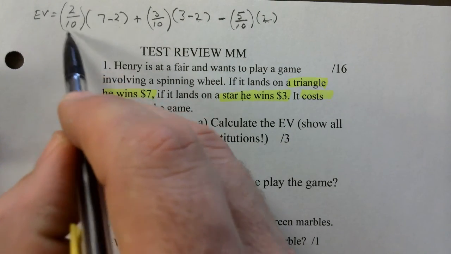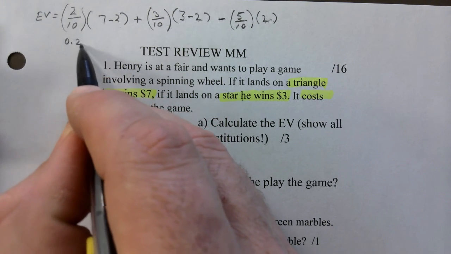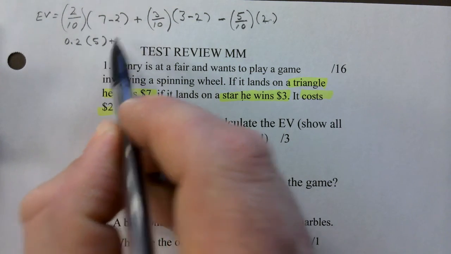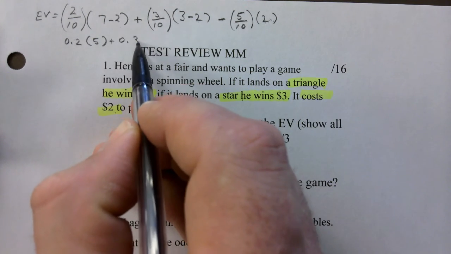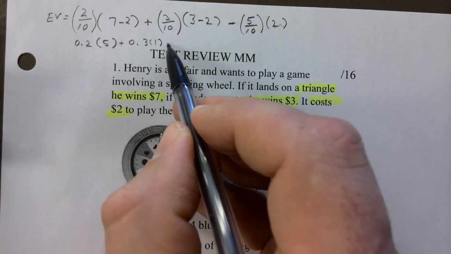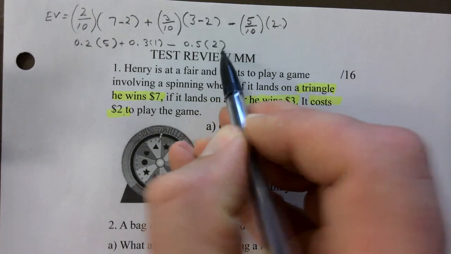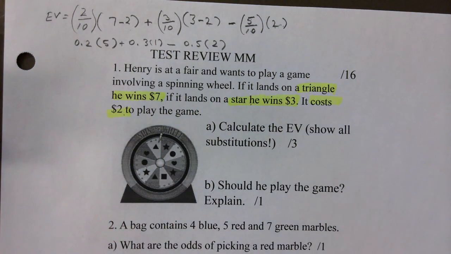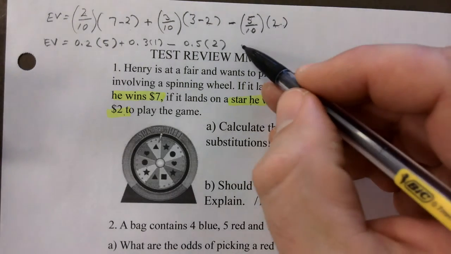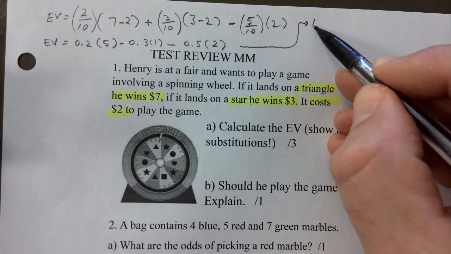So I tend to turn this into a decimal if it's a fraction. So that's 0.2 times 5, right? This is 0.3 times 1. That's pretty easy, right? Minus 5 over 10 is 0.5 times 2. It's better to have expected value here, and then I'm running out of room here, so I'm going to go over here.